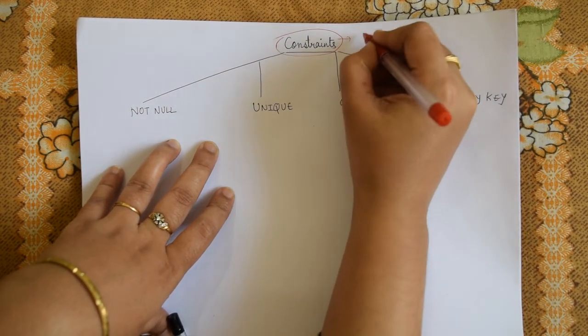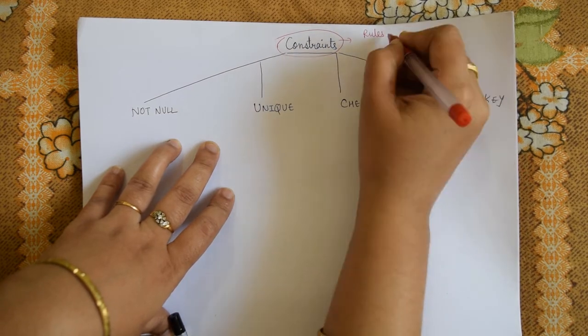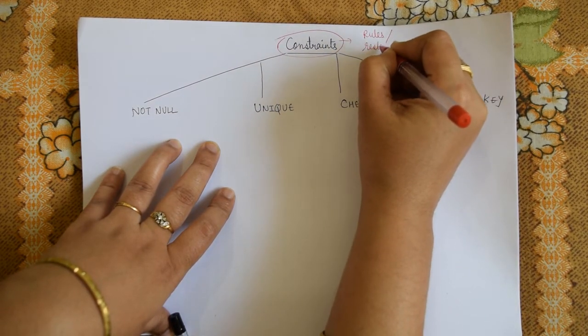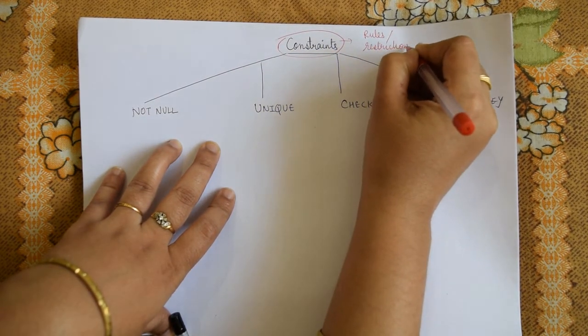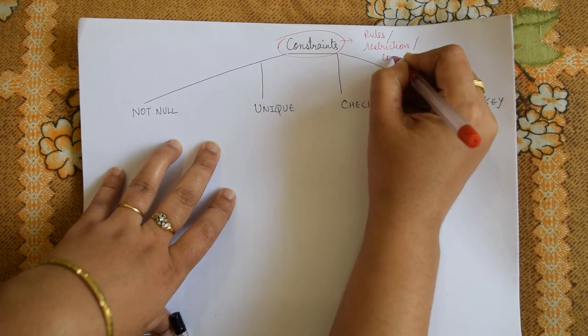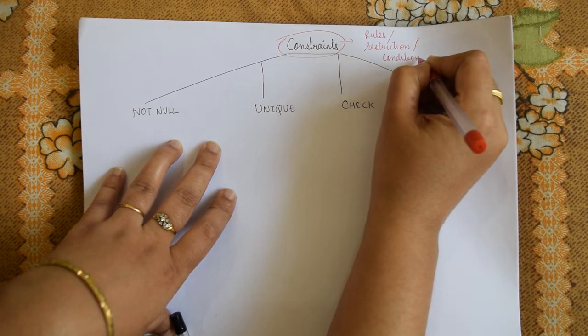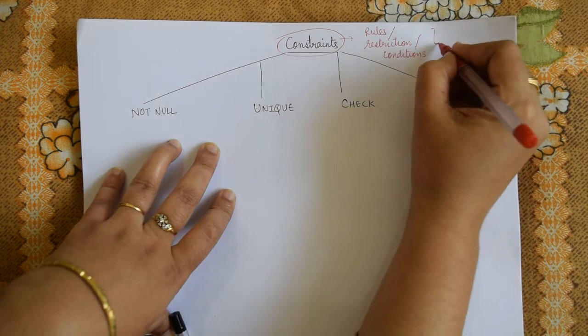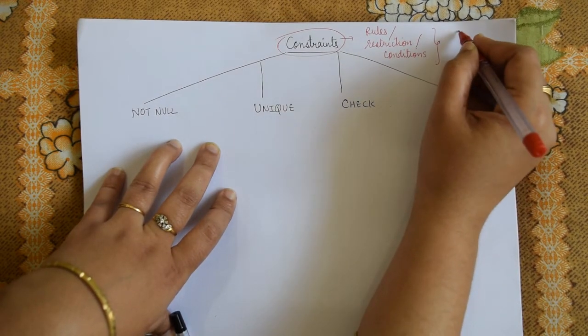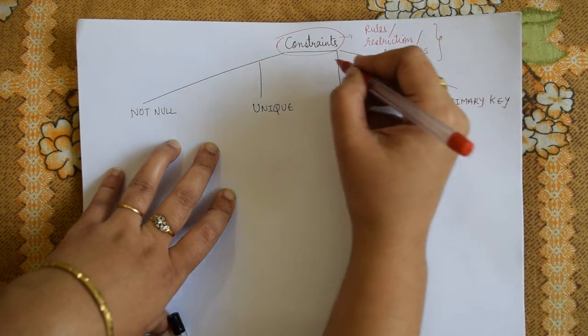Constraints are nothing but the rules, or you can say the restrictions given to the table, or the conditions applied on the table. To control the information which can be added to the table, we require constraints.